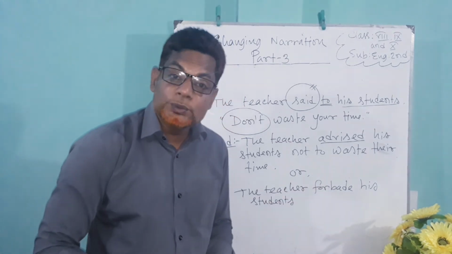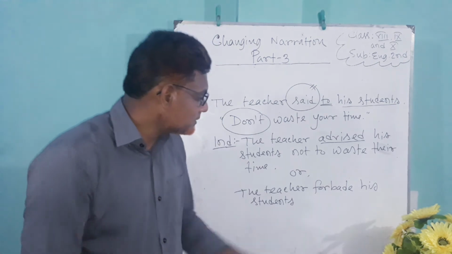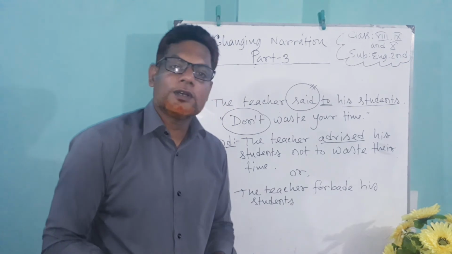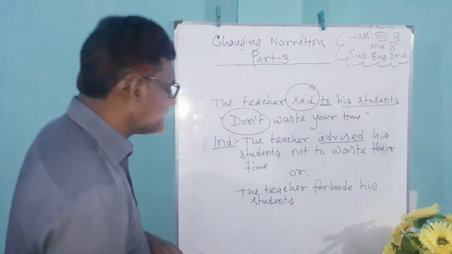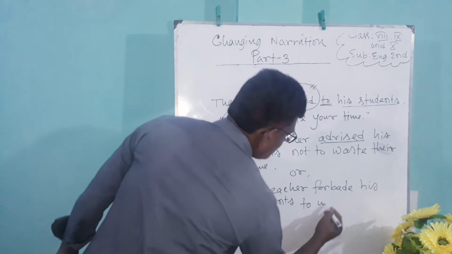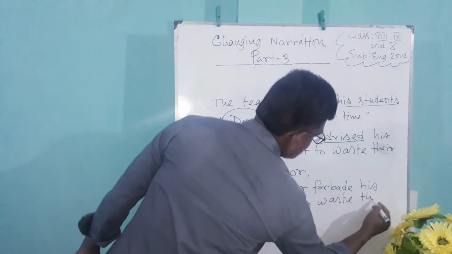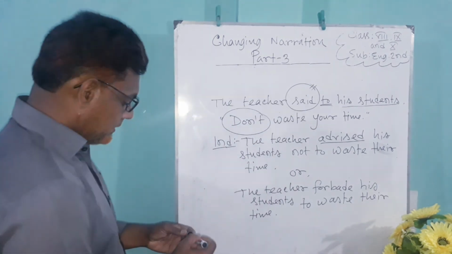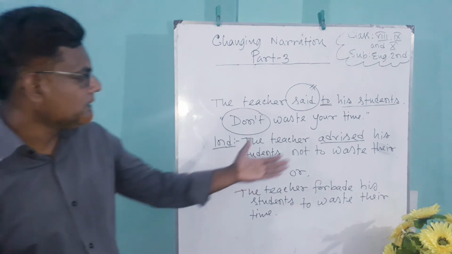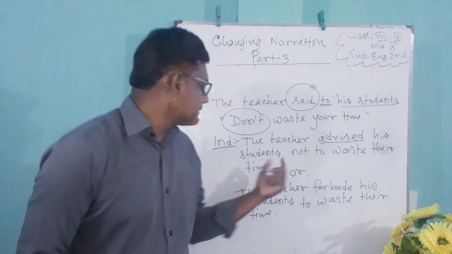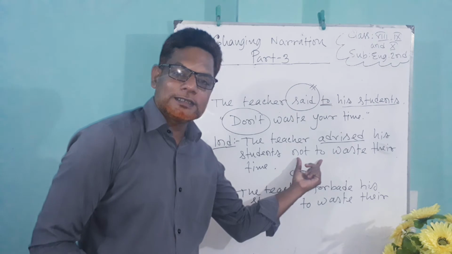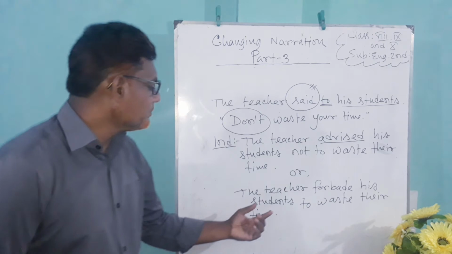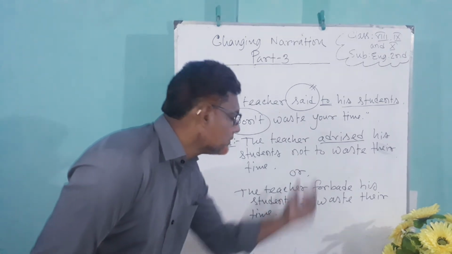We have to use "to" instead of "not to," because forbade itself is a negative word. That's why "not to" is not needed. We will write: to waste their time. So dear students, if we use advise, we have to use "not to," as the sentence is negative. But if we use forbid or forbade, we have to use "to" instead of "not to."